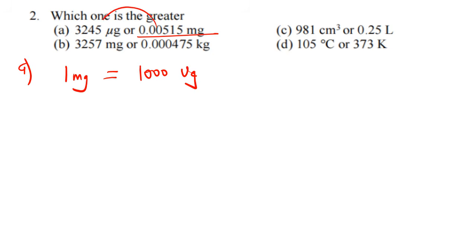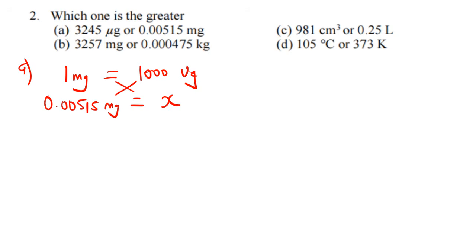We want to convert it to that unit, and we see what we're going to have. So I can put here 0.00515 milligram is equal to, I can put an x there if I want.